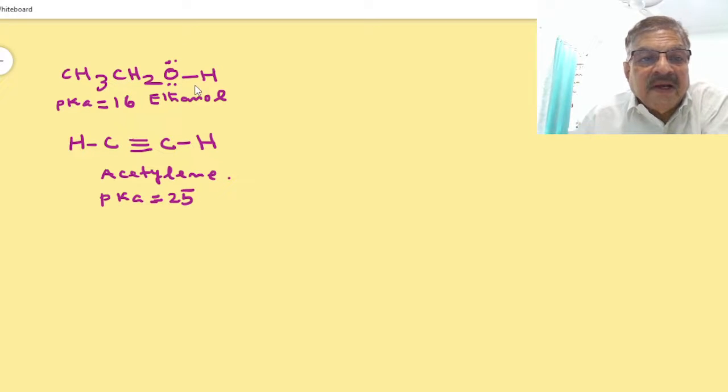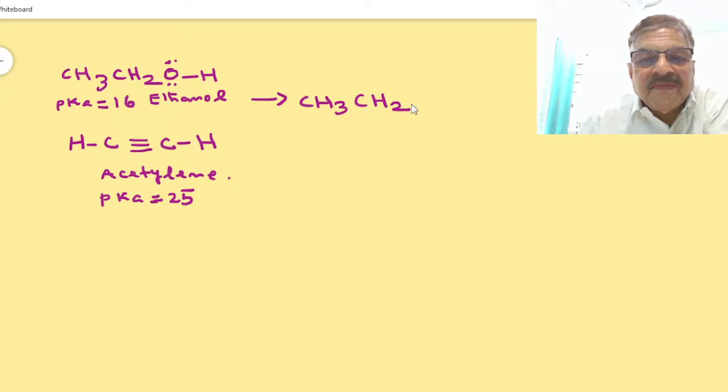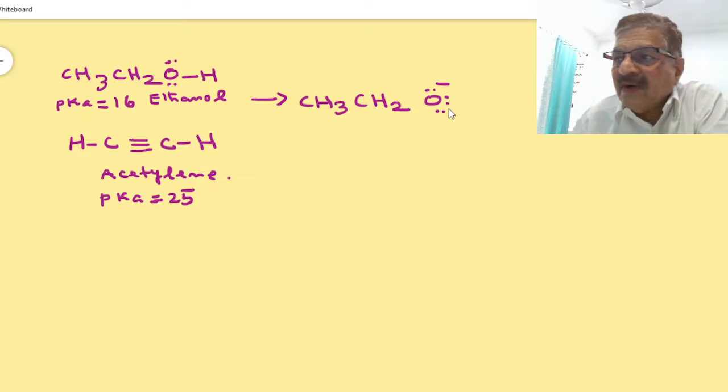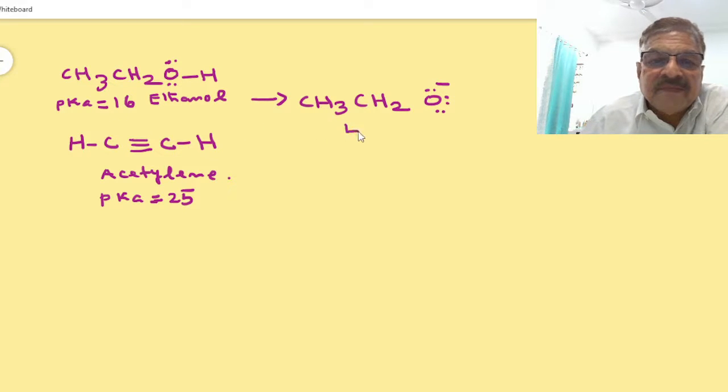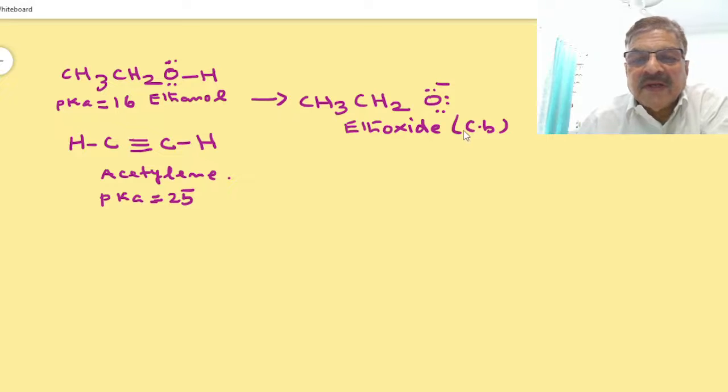Now, ethanol gives a conjugate base, CH3CH2O minus. This is ethoxide, the conjugate base of ethanol.